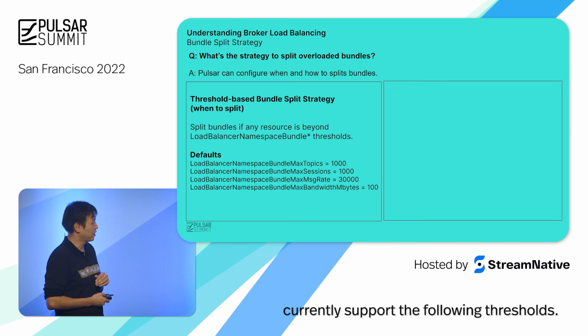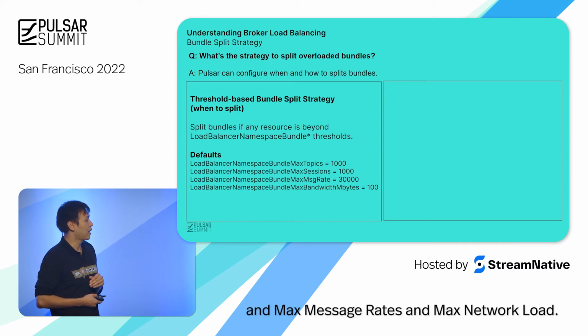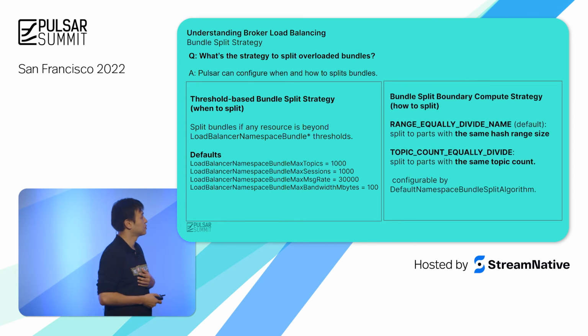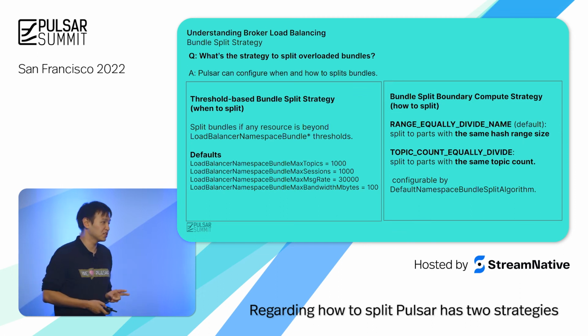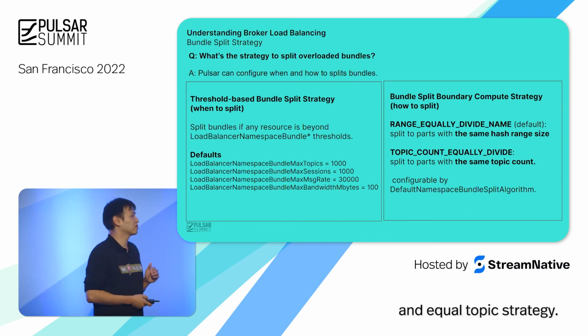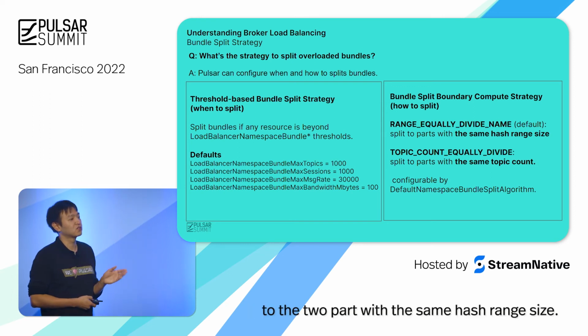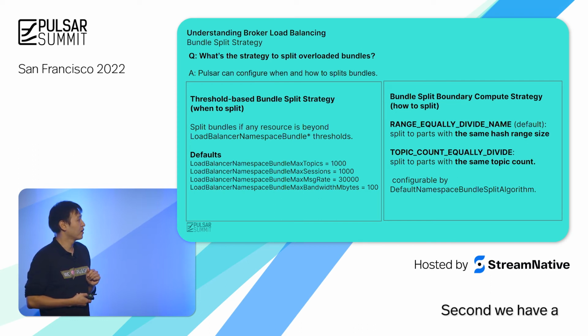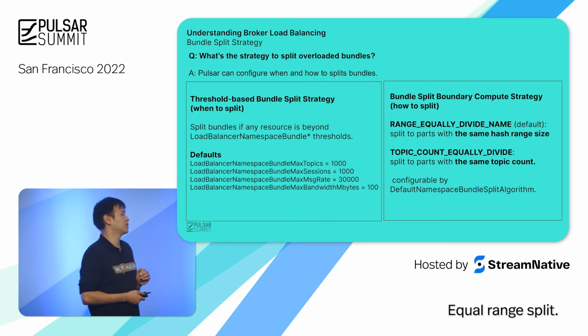Pulsar currently supports the following thresholds: bundle max topic counts, max sessions, max message rates, and max network load. Regarding how to split, Pulsar has 2 strategies: equal range split and equal topic count split. The first one splits the bundle into 2 parts with the same hash range size. The second splits it into parts with the same topic counts. It is also configurable, and by default, Pulsar uses equal range split.